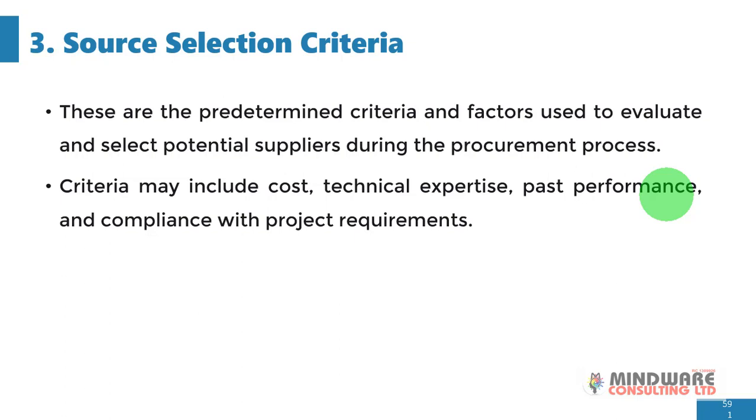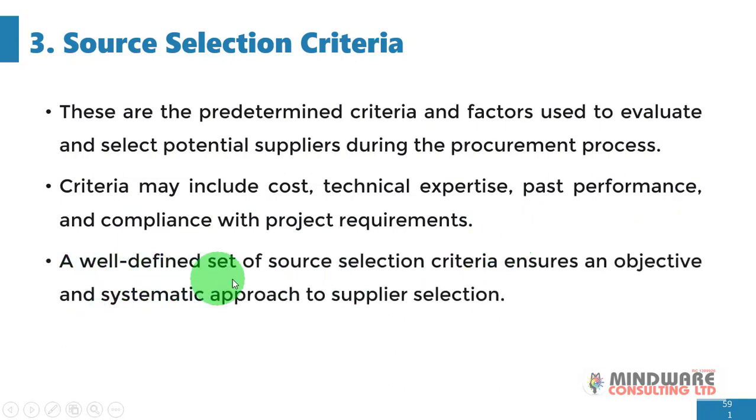You could require them to give you contacts of people or the organizations they've worked with, and then you should be able to contact them to get information, or just ask them to give you documentation. And then also compliance with project requirements. How have they been able to comply with project requirements in the past? So these are the factors that you're going to be considering when you are selecting a supplier or a vendor for your procurement.